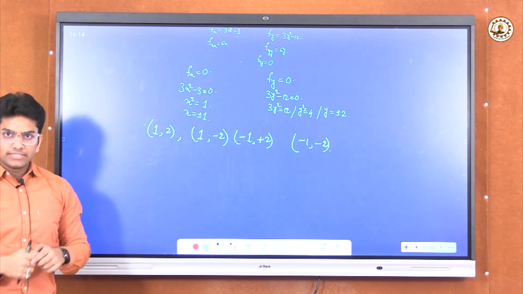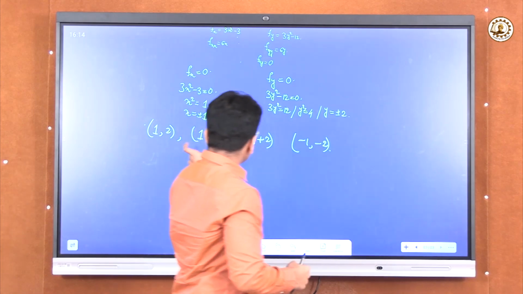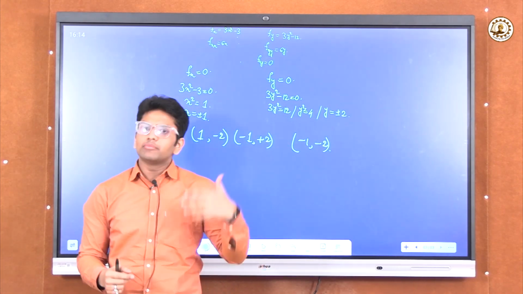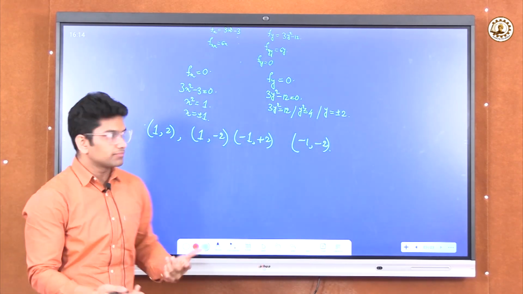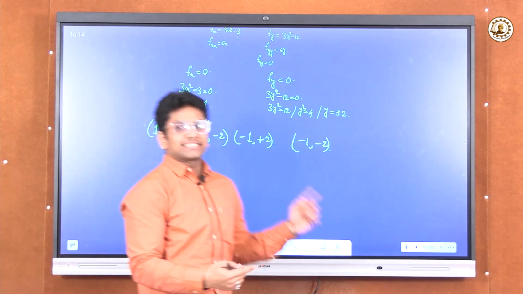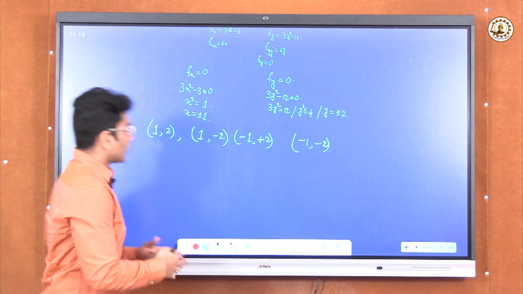Critical point means that at these points the maxima or minima can exist, but it may be possible that maxima or minima will not exist.